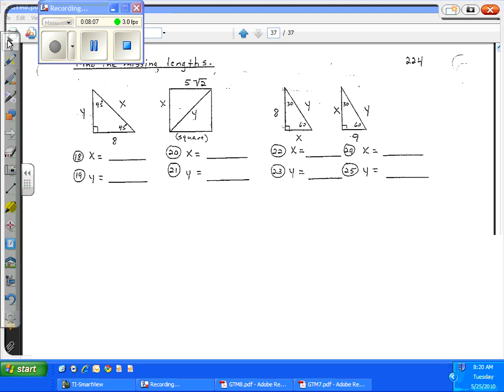24 and 25, we have a 30, 60, 90 triangle, so we're going to use our 30, 60, 90 formulas. Long leg equals short leg times the square root of 3, and hypotenuse equals short leg times 2. What they gave us was short leg 9. The short leg is opposite the 30. So the short leg 9 is opposite the 30.